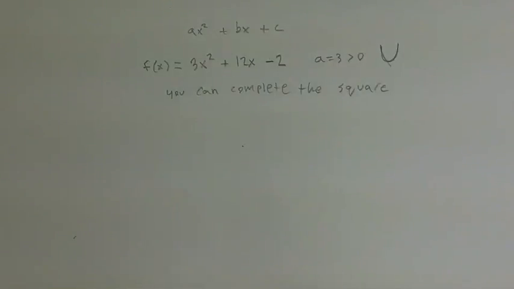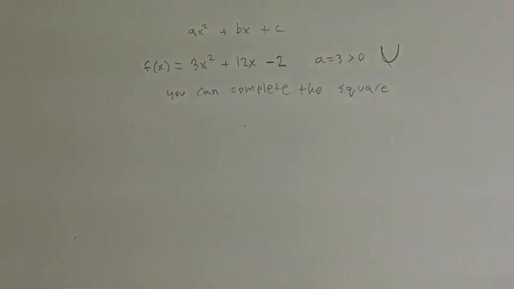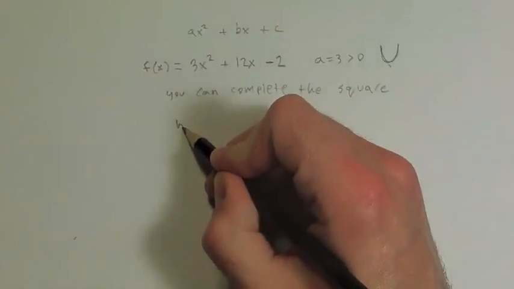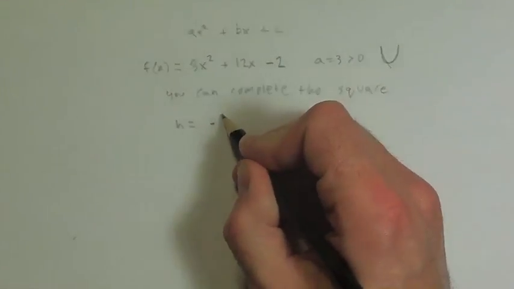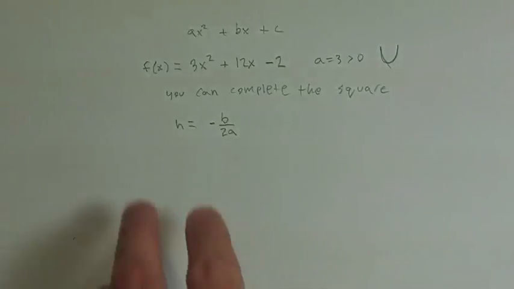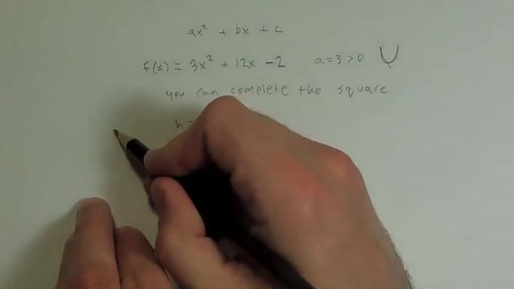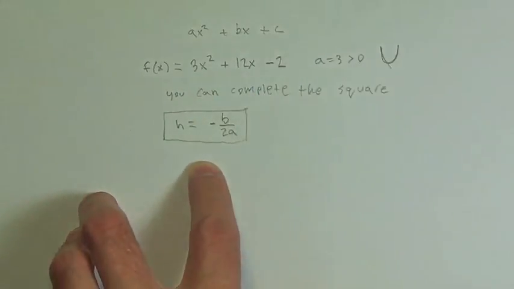But for right now, I'll just give you the formulas for the vertex. So remember, we have an h and we have a k. So h is going to be negative b over 2a. Okay? So that's our h formula for the vertex.